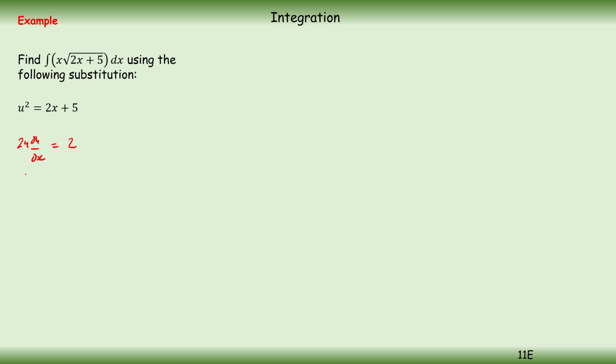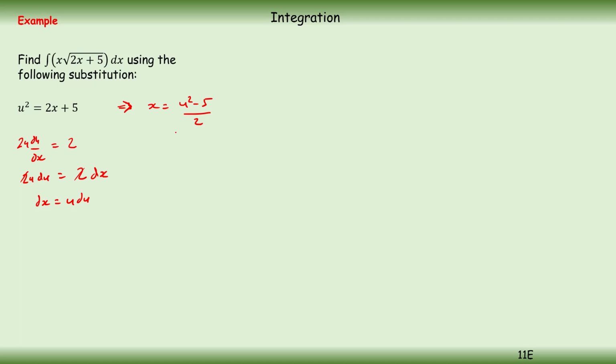Simplifying, that gives me 2u du equals 2 times dx, and the 2s cancel, so dx is equal to u du. So u squared equals 2x plus 5. That implies that x is equal to u squared minus 5, divided by 2.